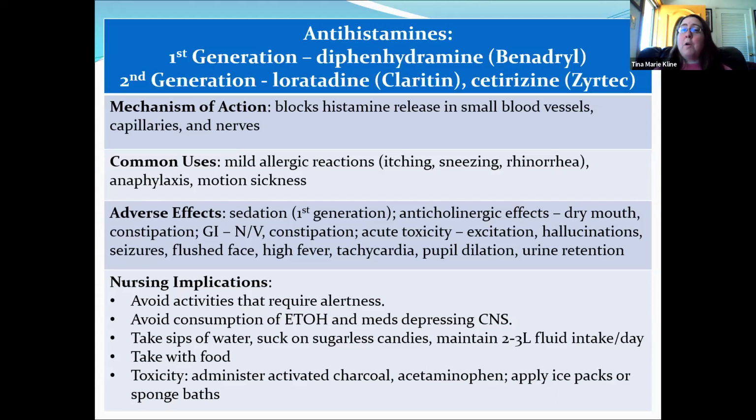Obviously, anytime you start a new medication, you have to see how your body is going to react to it. But for the most part, your Claritin, your Zyrtec, that is not going to cause issues with sedation and level of consciousness. They're relatively well tolerated, not such a huge deal with that.